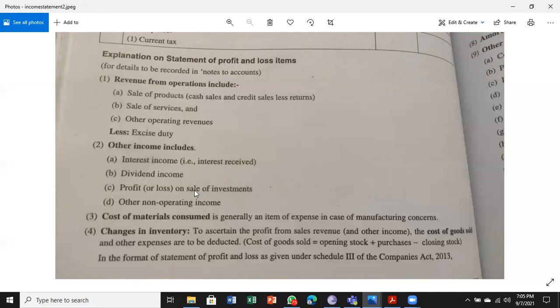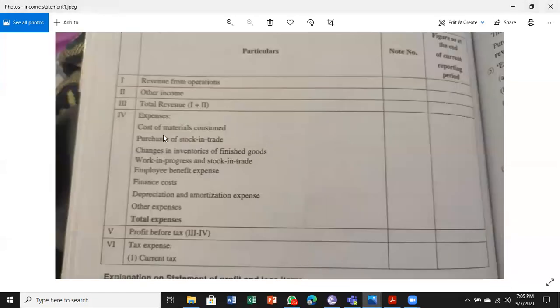Any discount received, gift received. There are different types of incomes. All incomes are taken under the heading other incomes. So we add these two incomes, then we go for expenses. I explained revenue from operation and other incomes, that becomes total revenue.